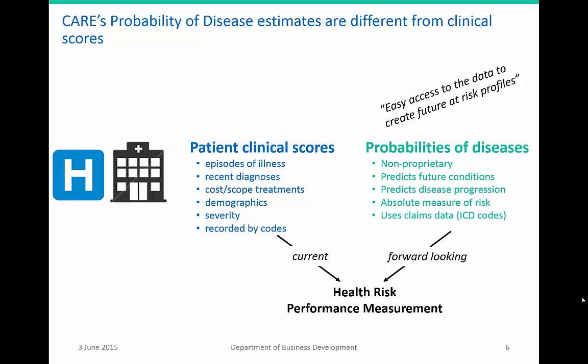The data that CARE needs exists in a format that can easily be imported into the CARE engine for processing. Internal scores in clinical settings are proprietary by their very nature. A score developed and used at the Mayo Clinic is not the same one used at the Cleveland Clinic or any other hospital network. Probabilities of future diseases and disease progressions for a patient or patient population are the same at Mayo or at the Cleveland Clinic.